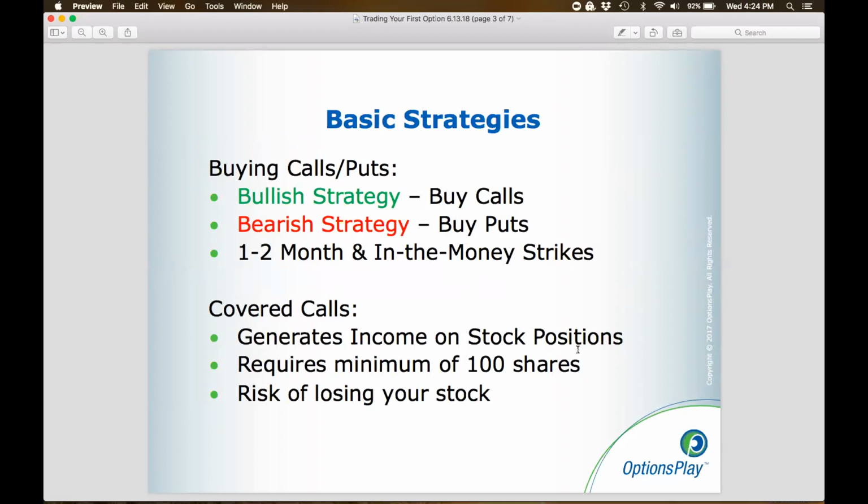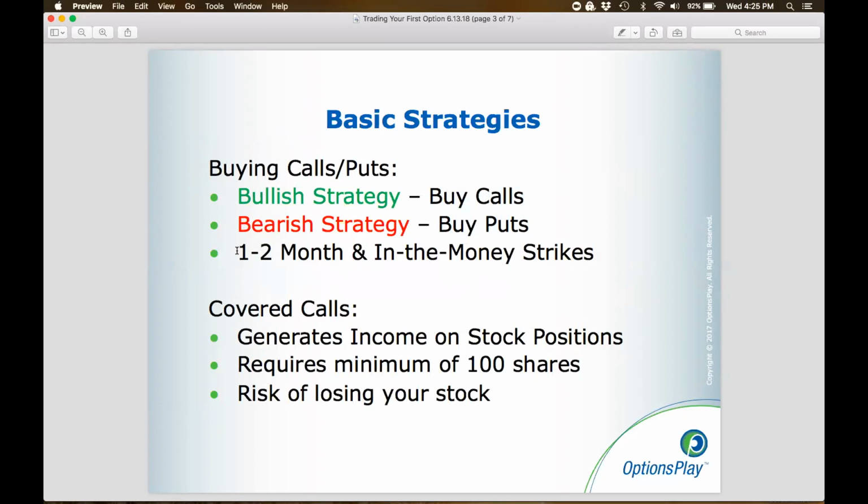If you were bearish, you may short the stock if you have the ability to do that. With options, if you're bullish, you would buy calls. If you're bearish, you would buy puts. For those of you that are brand new to options trading, we'll cover what that actually means. A call contract gives you the option to buy that stock. A put contract gives you the option to sell that stock.